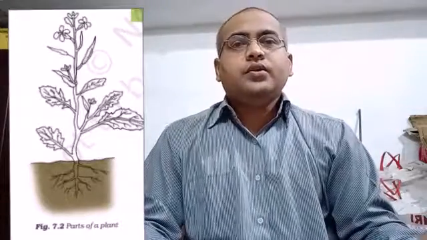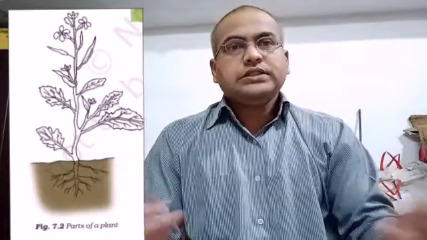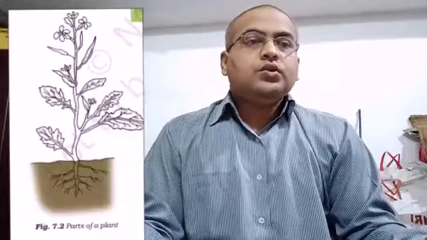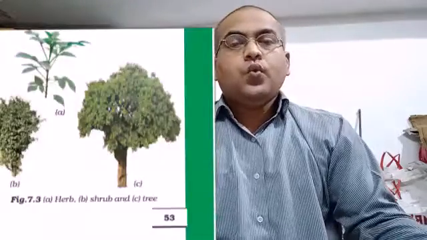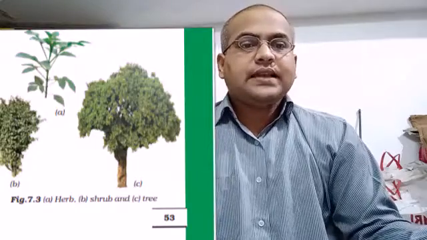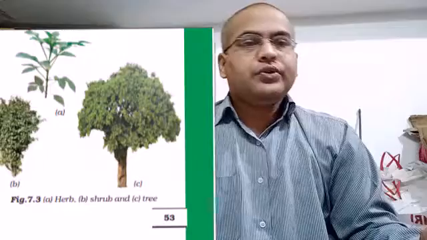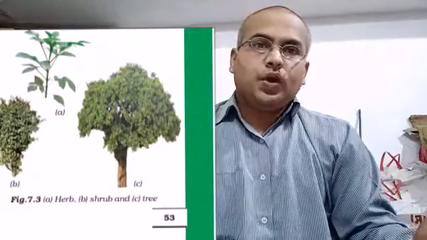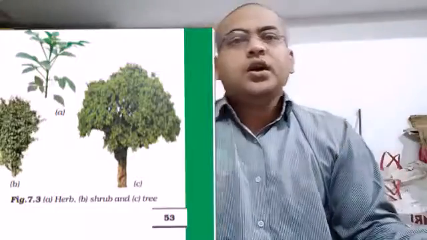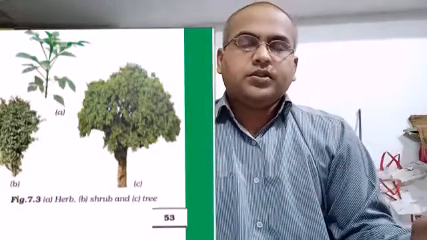As I told you, root grows underground, means it is inside the soil. To understand about root, we have to perform one activity, that is activity number 6 from your NCERT book. Here we need two pots in which we can plant a small plant.